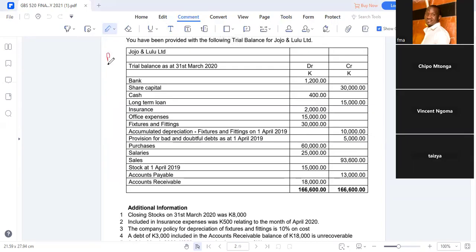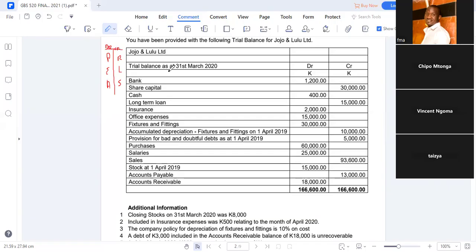PEARLS stands for what? What we debit and what we credit. So if you're going to see the trial balance, it fulfills all this.